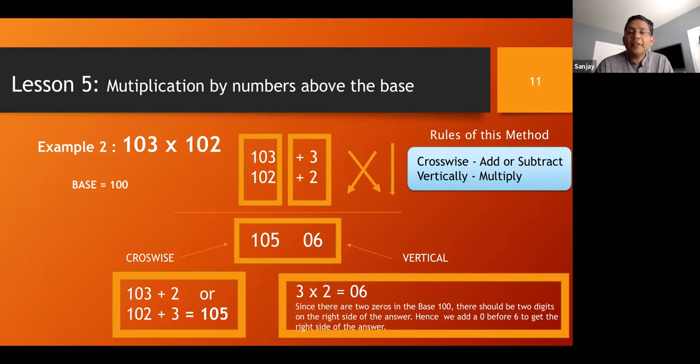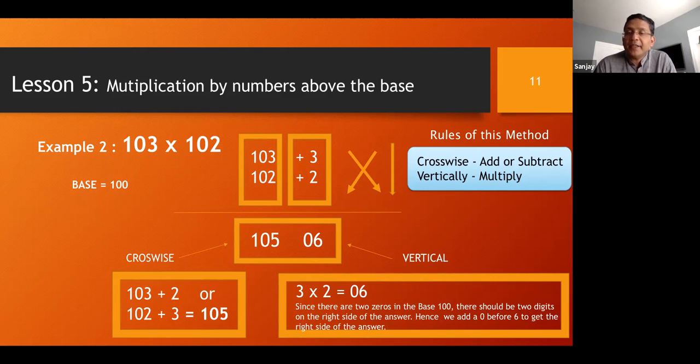Okay, so let's take one more example. 103 times 102. I'm sure you must have guessed it. Now it's base of 100, right? You do plus 3 plus 2 on the right side. You multiply on the right side, it's 6. Because we are talking about base 100, we have to represent that 6 with 2 digits, because base of 100 means 2 zeros, right? So there are some caveats to it, like you can't just put the answer 6. It depends on how you represent it based on the base.